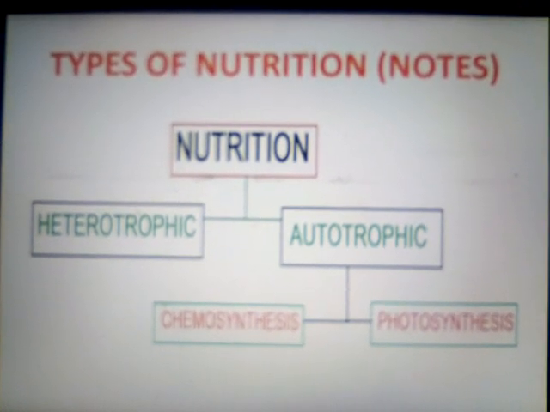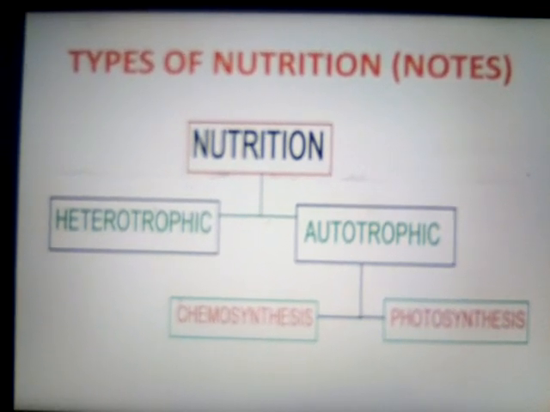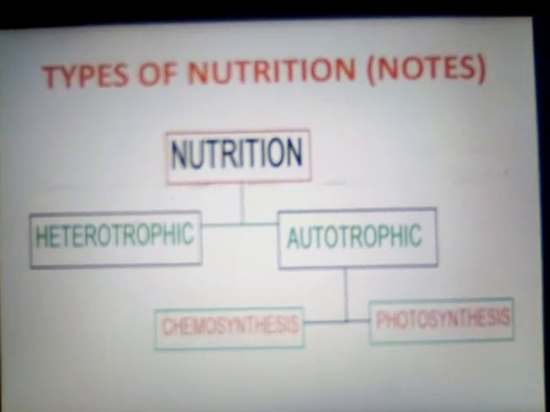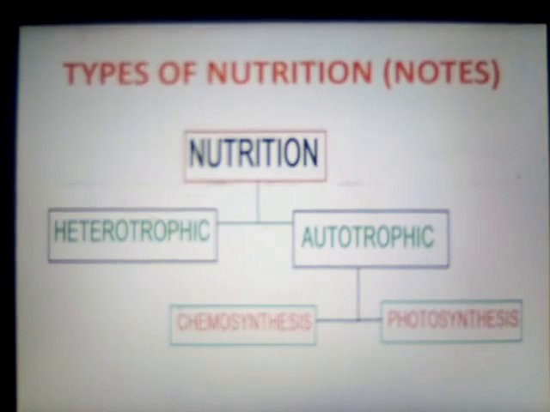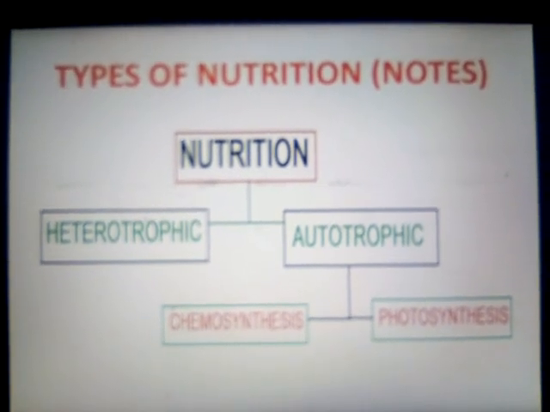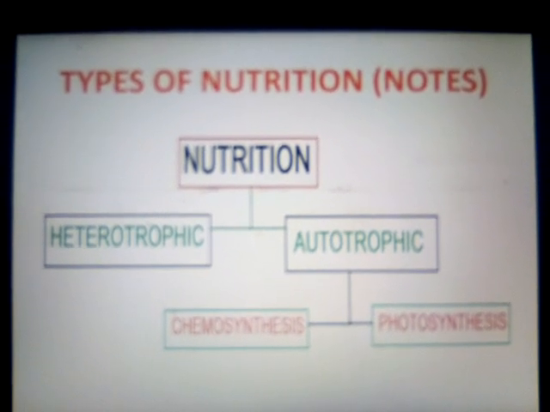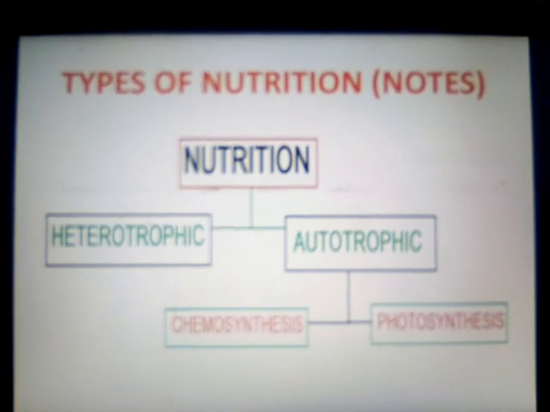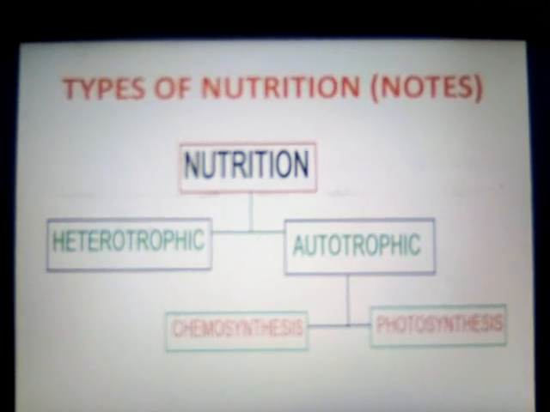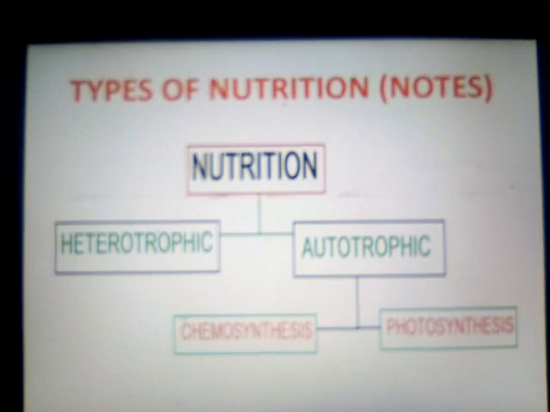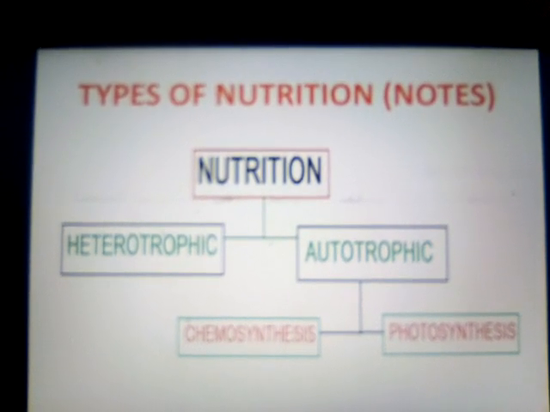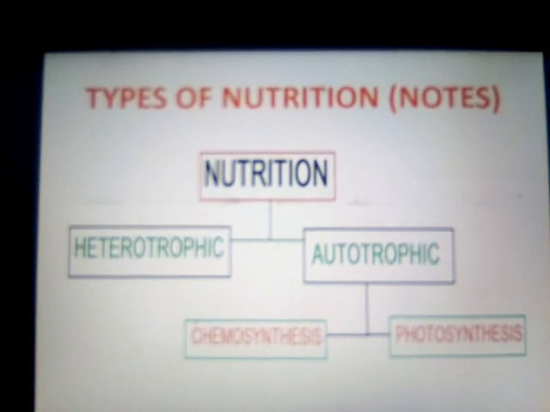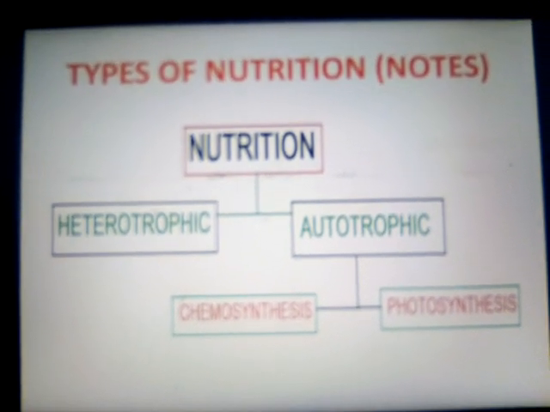Number 1, autotrophic nutrition. Sometimes called holophytic nutrition. It involves the synthesis of organic compounds from inorganic raw materials.